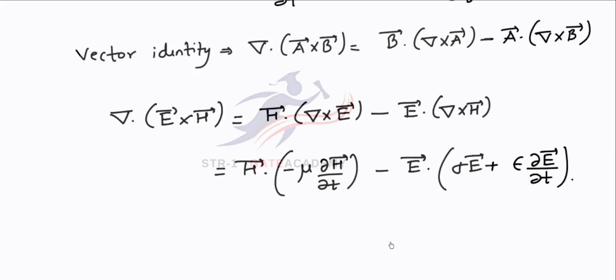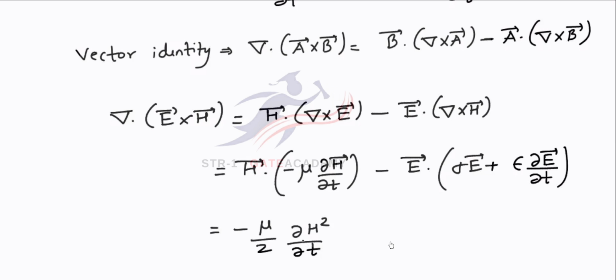Now if you take the dot product of these two, you will not get the vector signs, because the dot product results in a scalar quantity. So you will get minus mu H dot dH by dt, which I can write as mu by 2 d H square by dt.